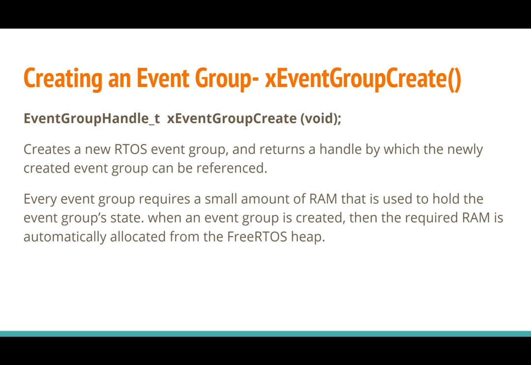And every event group requires a small amount of RAM, a small amount of memory in the microcontroller, that is used to hold the event group's state. When an event group is created, the required RAM is automatically allocated from the FreeRTOS heap.